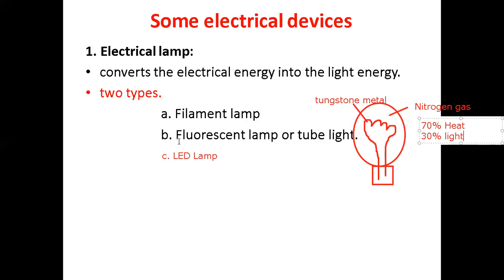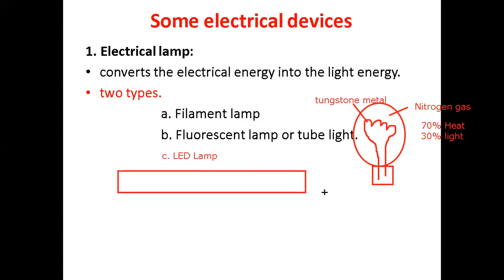Another type of lamp is the fluorescent lamp. Fluorescent lamp means tube light. Inside the tube light, there are two points, one here and another here.